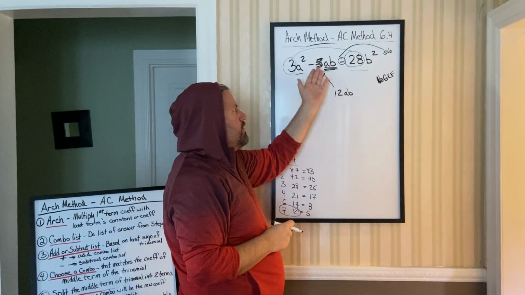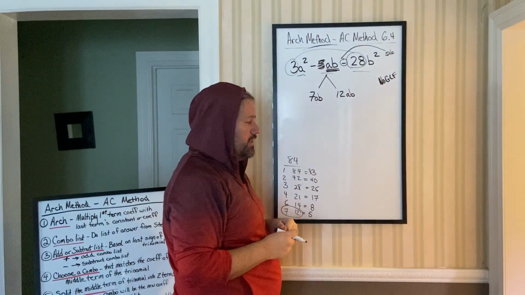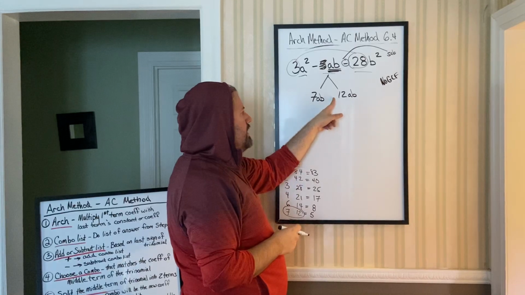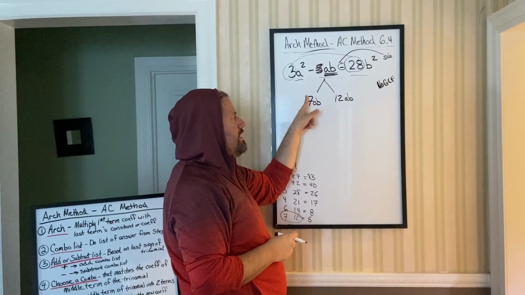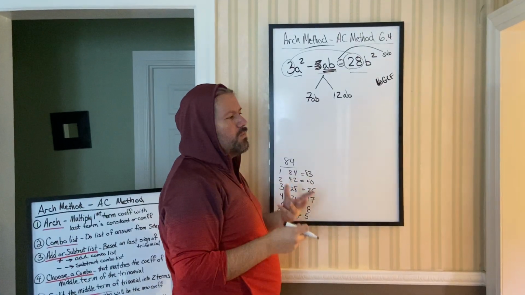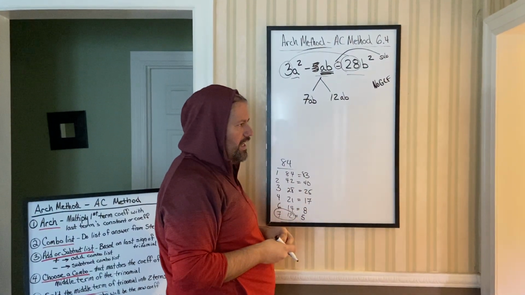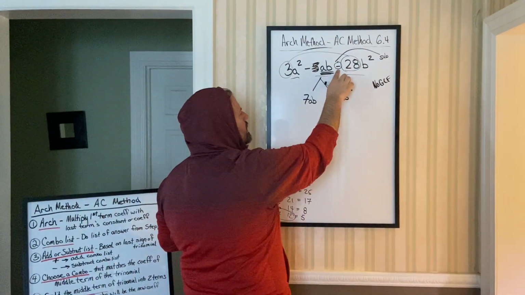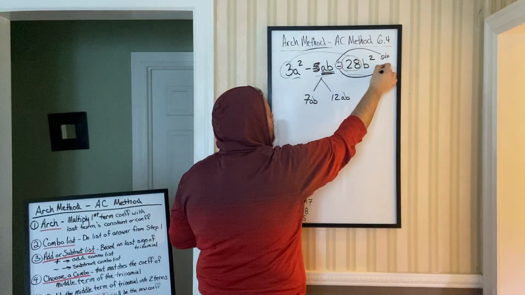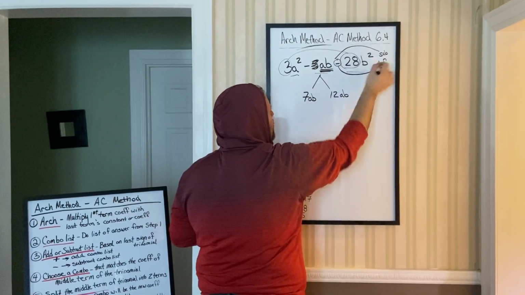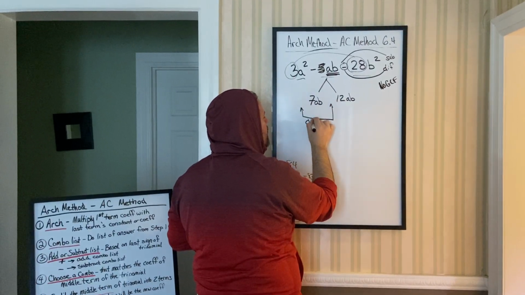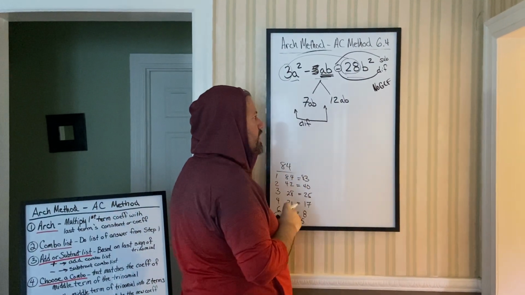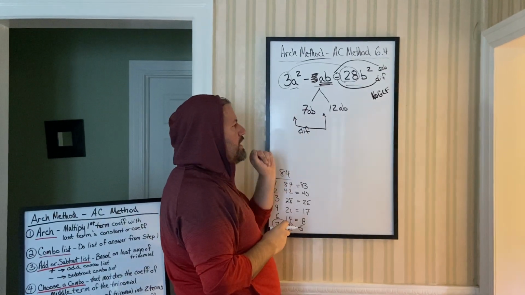Okay, so 7AB and 12AB, we're going to have to try to get a negative 5AB. How do we do that? We need to have signs. Remember, if you had 2 pluses, that would give you 19, not a negative 5. We know we're not going to do the same signs anyway. Why? Because it has a minus sign. That always tells us we're going to do different signs. So this and this are going to be different from each other. One's a plus, one's a minus.